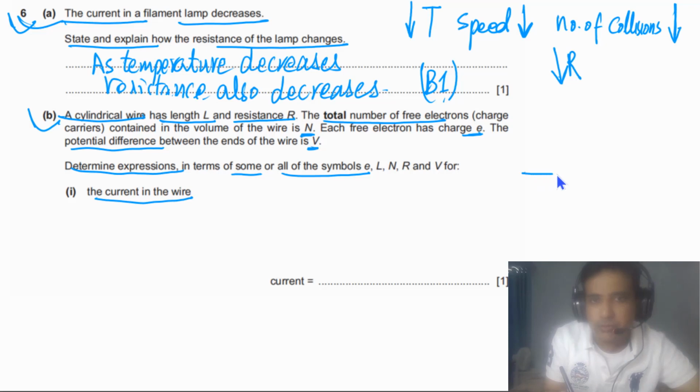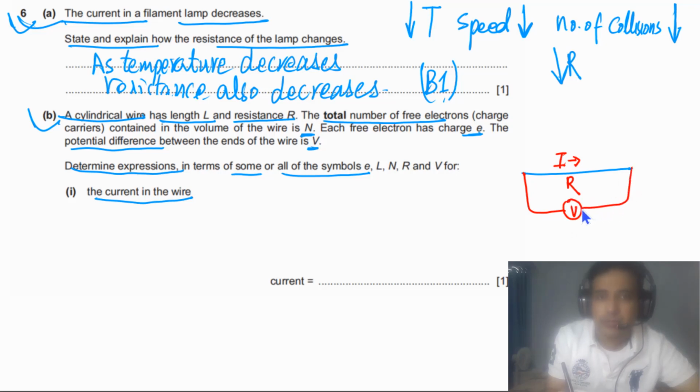So for this question, it is given to us, we have a wire. So you can just imagine this is one wire, and we have to determine the current passing through this wire. The resistance of this wire is given to us, that is equal to capital R. And if we connect a voltmeter across the ends of this wire, the value of PD is also given to us.